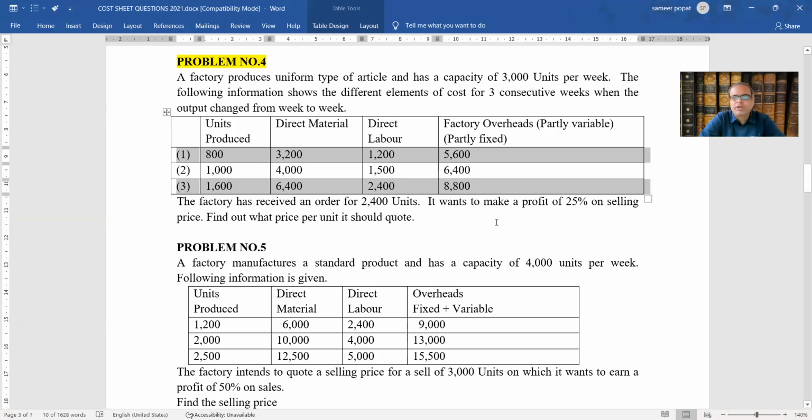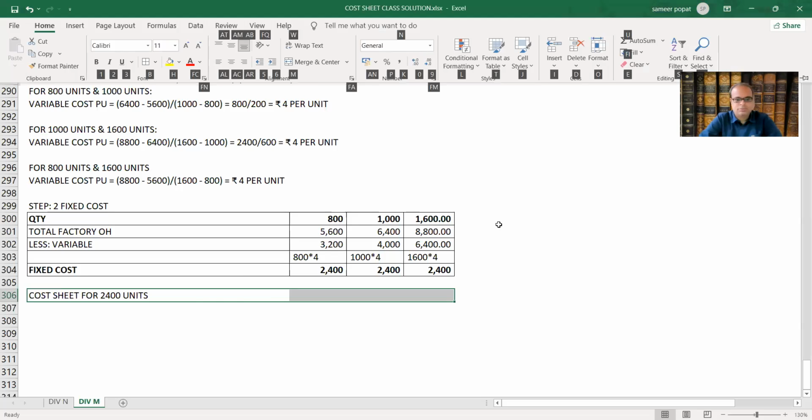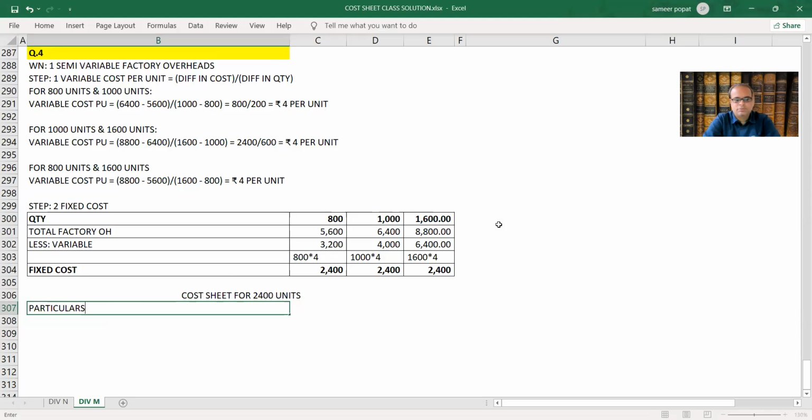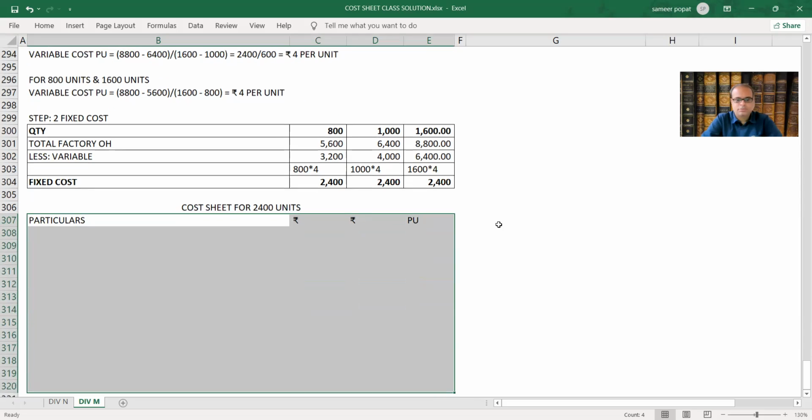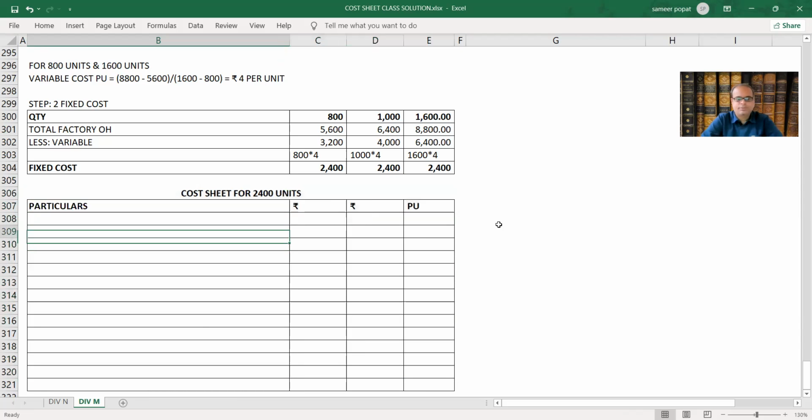Okay, for 2,400 unit, we need to prepare the cost sheet. Okay, now first element would be direct material.